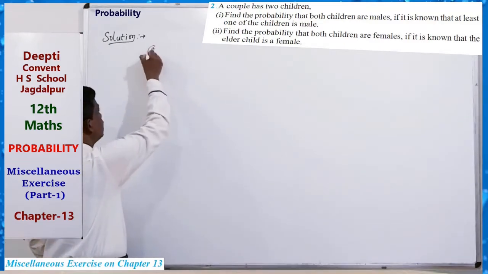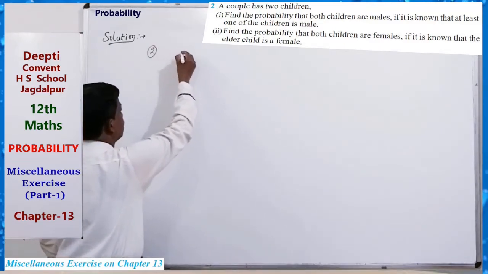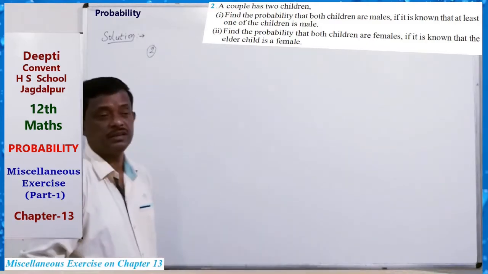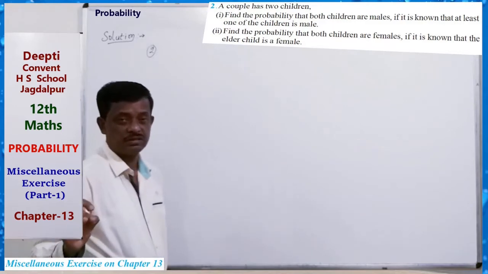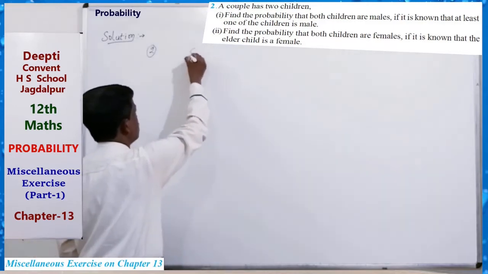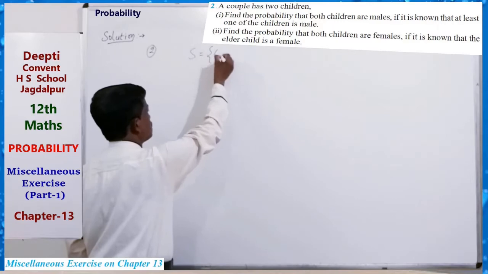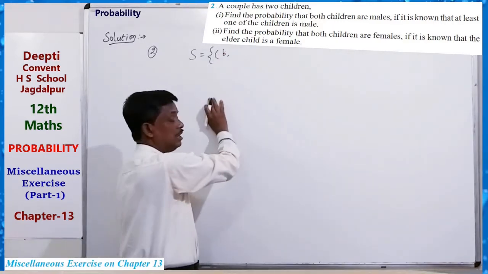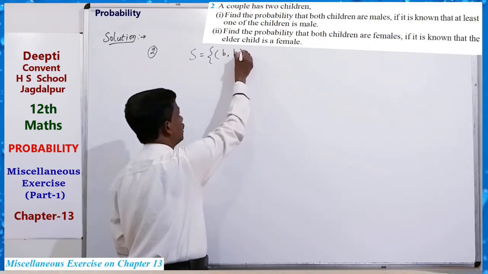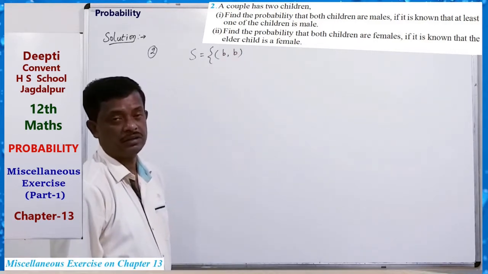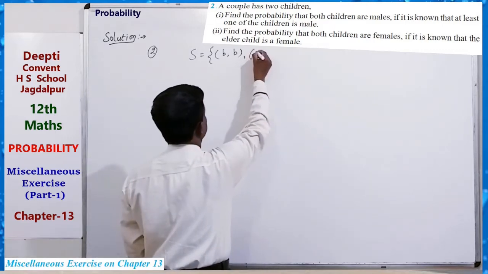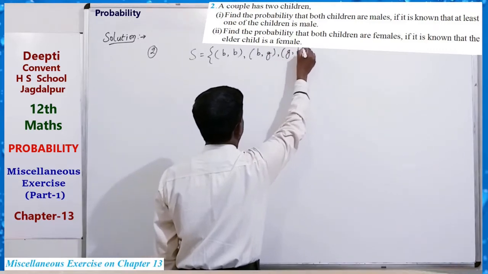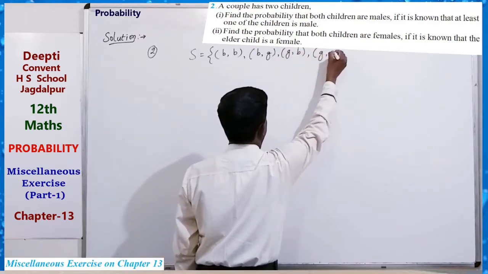First, the sample space, which I am writing in short. The couple has two children, so the sample space may be like this. What are the possible outcomes? Elder, younger: boy and boy, maybe boy and girl, maybe girl and boy, maybe girl and girl.